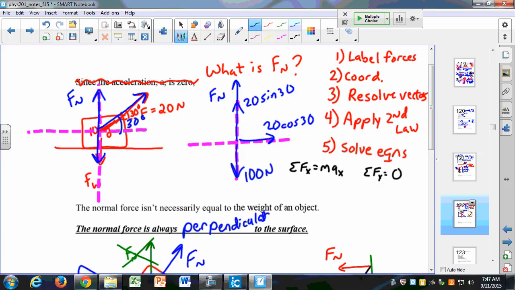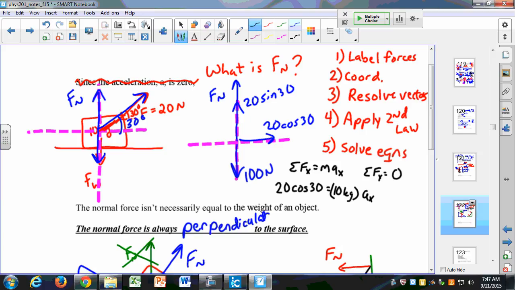All right, so the sum of the forces in the x is just 20 cosine 30 equals m, which was 10 kilograms, times ax. So if we wanted to know the acceleration, we could find it. But really, I'm just looking for the normal force. I'm going to do that over here.